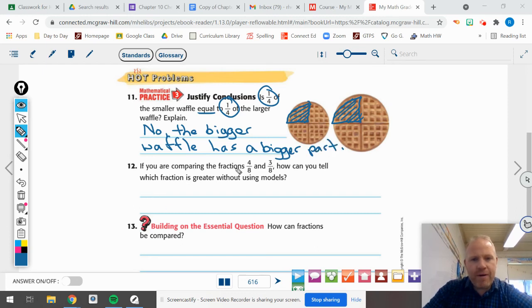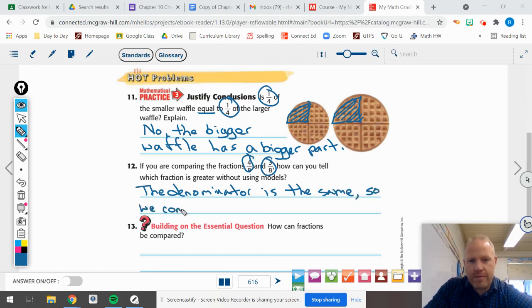Next, if you are comparing the fractions 4/8 and 3/8, how can you tell which fraction is greater without using models? So, since they have the same denominator, the denominator is the same, so we compare the numerator.